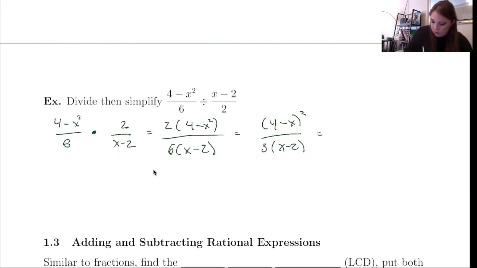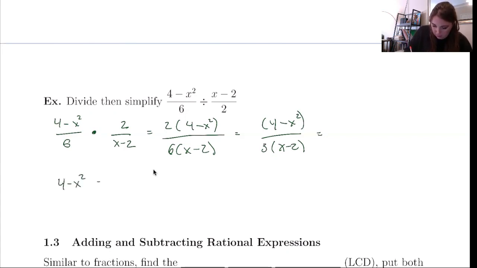So now if I want to go down here, x minus 2, that is irreducible up to pulling out a 1 or a negative 1. Mostly pulling out a negative 1. Pulling out a 1 does nothing. So now we have a difference of squares. 4 is a square and x squared is a square. But now the 4 is before the x squared, so that's going to look a little different than what you're used to.